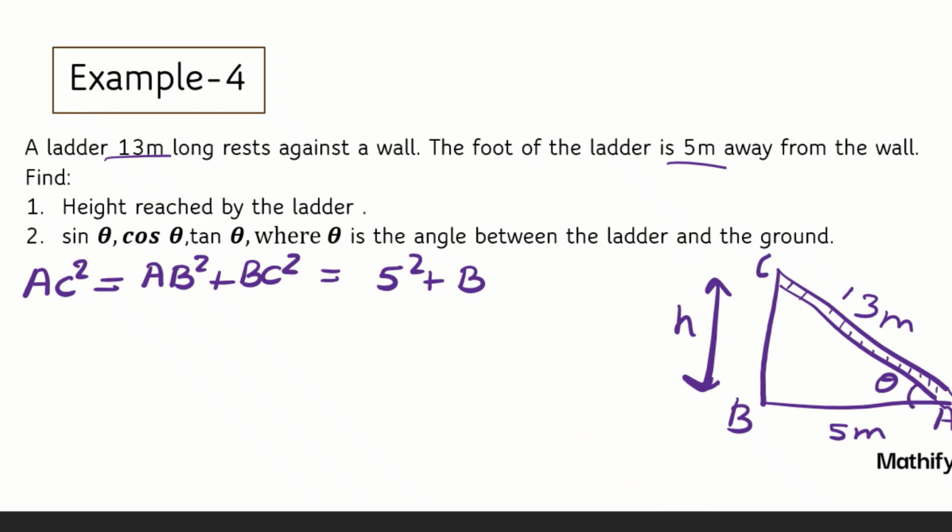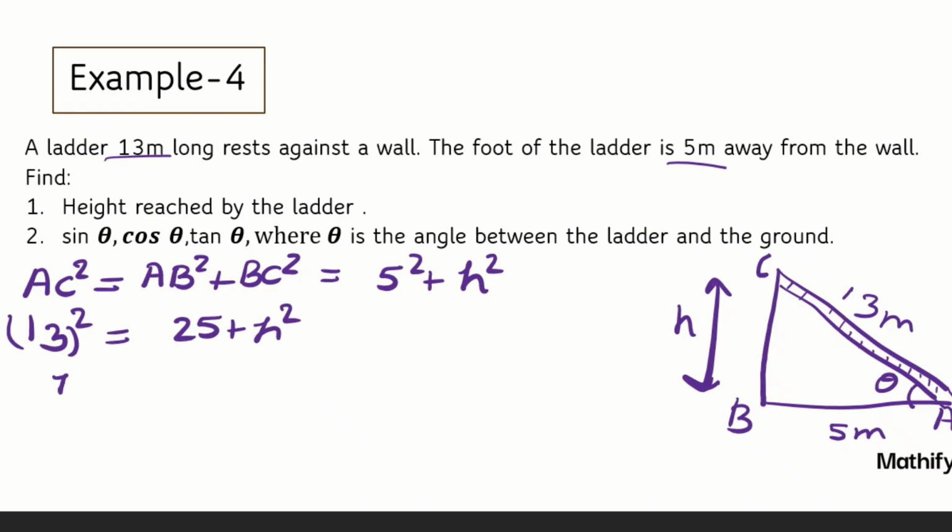Let BC be H. So H square. AC is given as 13, so it is 13 square. So basically 13 square is 25 plus H square.